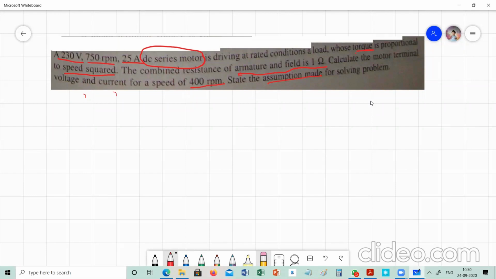Okay, now we will solve the problem. First we will draw the circuit diagram of the given motor. The given motor is a DC series motor, so the field winding will come in series with the armature.